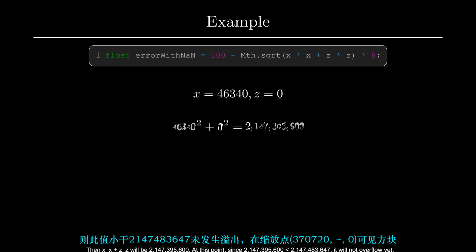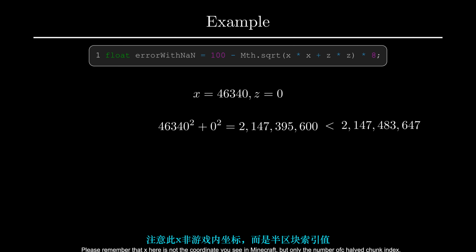Then x times x plus z times z will be 2,147,395,600. At this point, since this number is smaller than 2,147,483,647, it will not overflow yet.